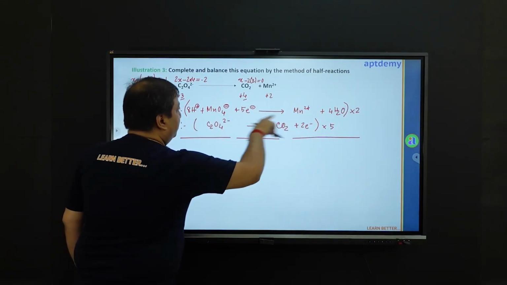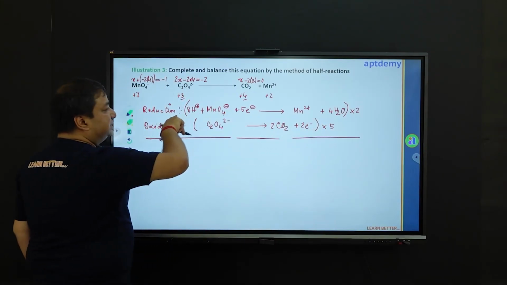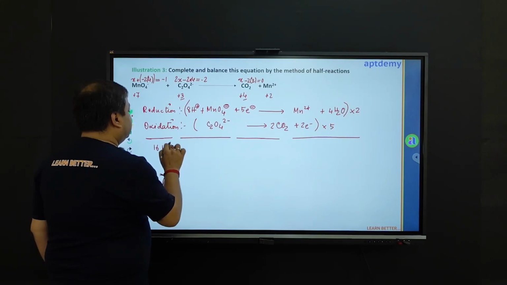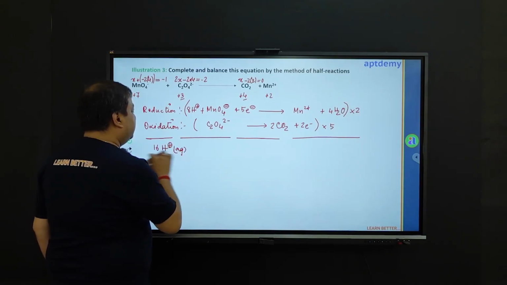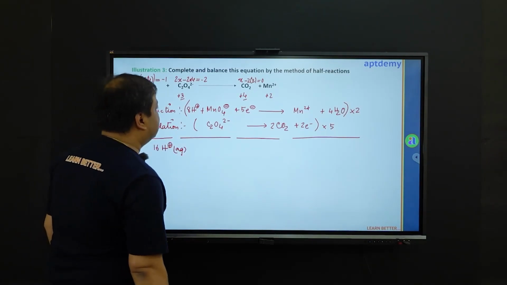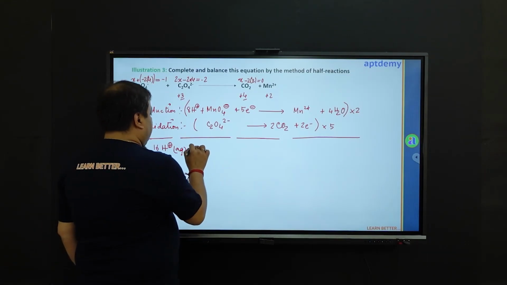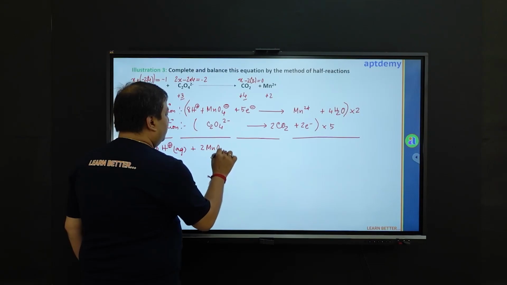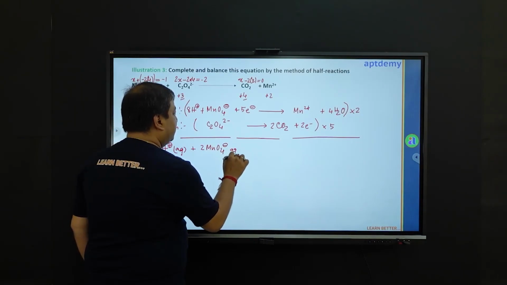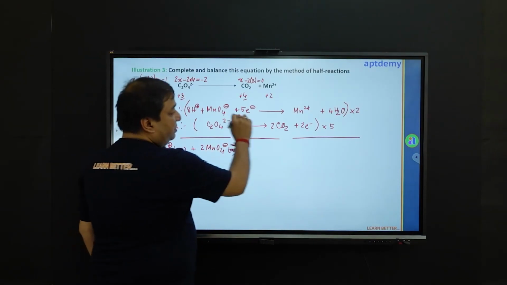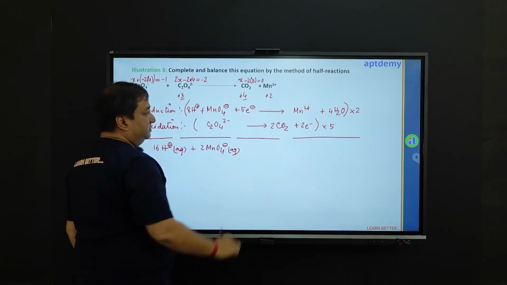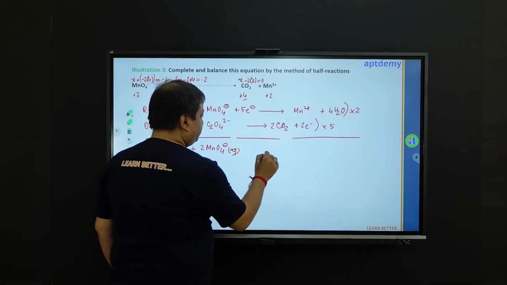So every time we write, we're going to multiply these integers with 2. Okay, so 16 H+, and then we write equated because the reaction is taking place in acidic medium, plus 2 MnO4- equated. Electrons are going to get cancelled because there will be 10 in each equation after the multiplication.